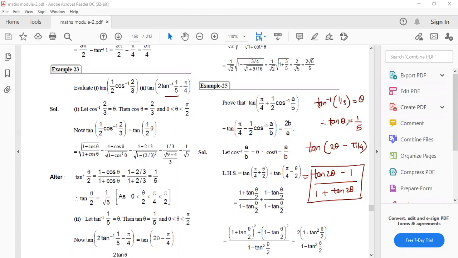So to find the value of tan 2 theta, what do we have? We have the value of tan theta. How much is that? It is 1 by 5. Can you find the value of tan 2 theta when you know the value of tan theta? Do you know any expression which equates tan 2 theta in terms of tan theta? Have you learned this formula?